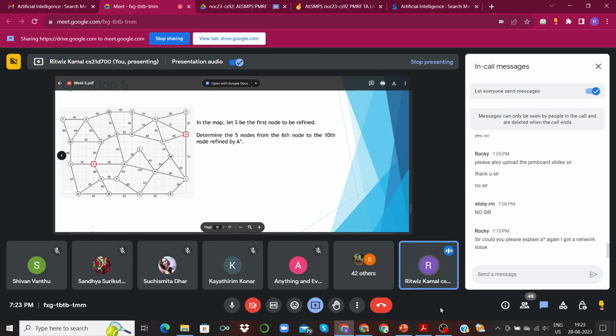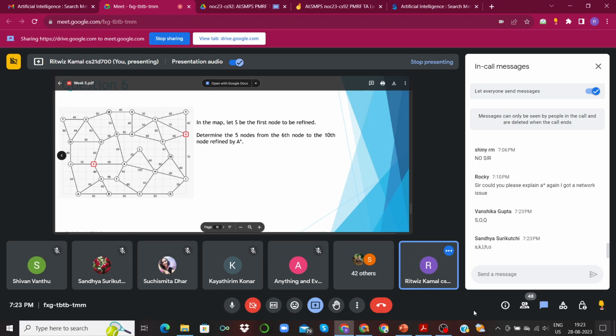Okay, has anyone found some partial answer to this question? If so, you can feel free to write your answers in the chat box. And after a few more minutes, we can go through the whole solution. Okay, so we have one answer in the chat. That's great. What about the others? Okay, we have another answer. That's also good.